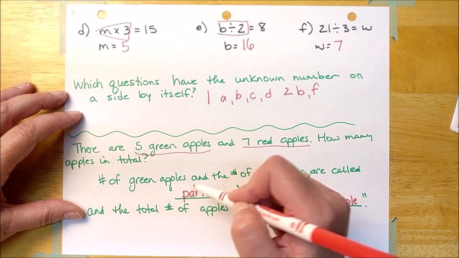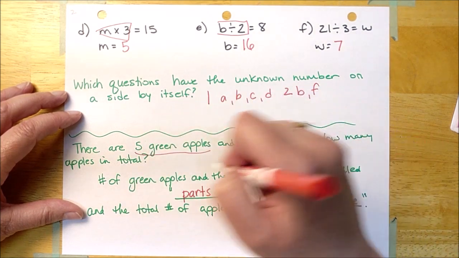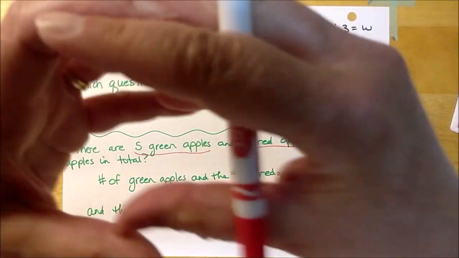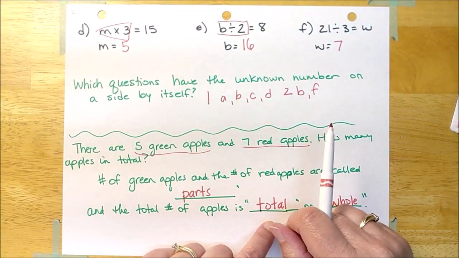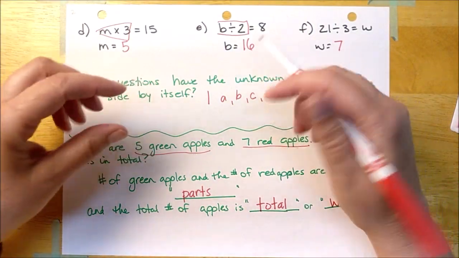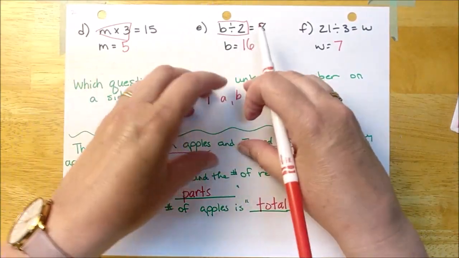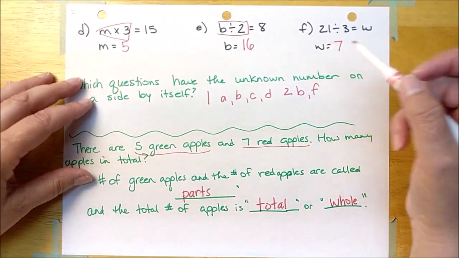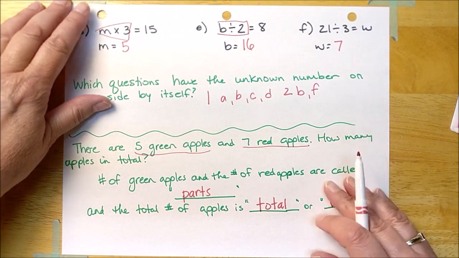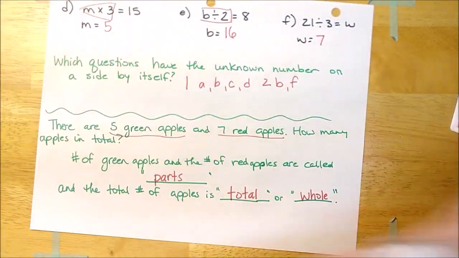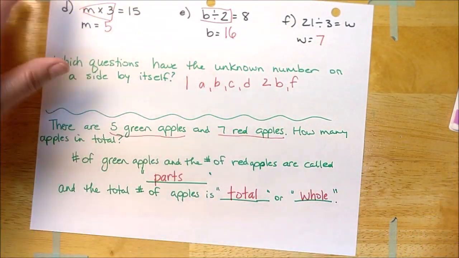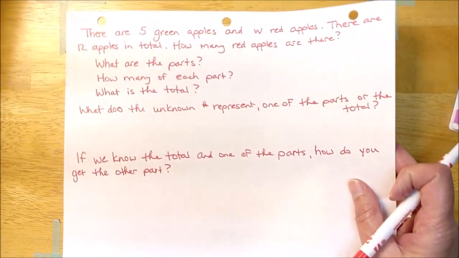The word parts, those are the 2 pieces that will make up the total. So we have to get that into your mind, that the parts are the 2 pieces that are going to equal the total. Okay? We're going to do a lot of work with that today, and hopefully you will be able to understand that by the end.